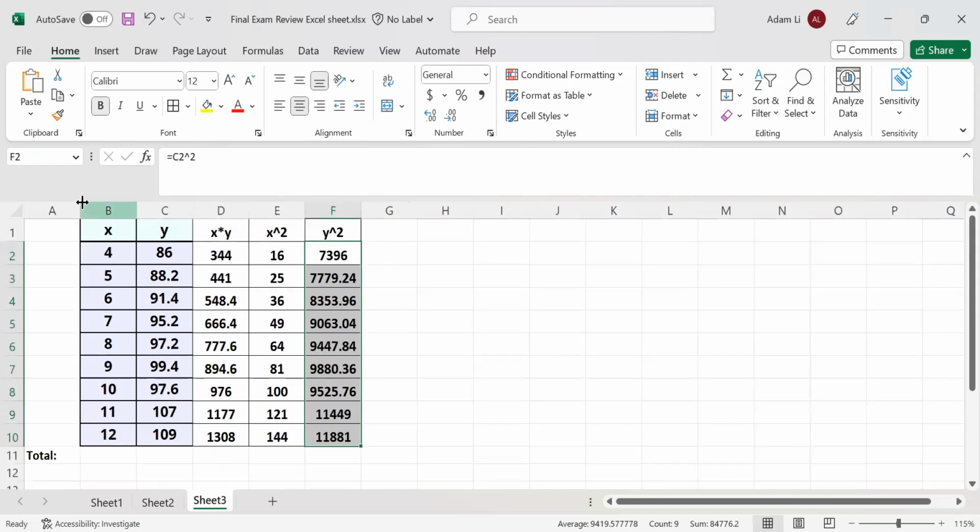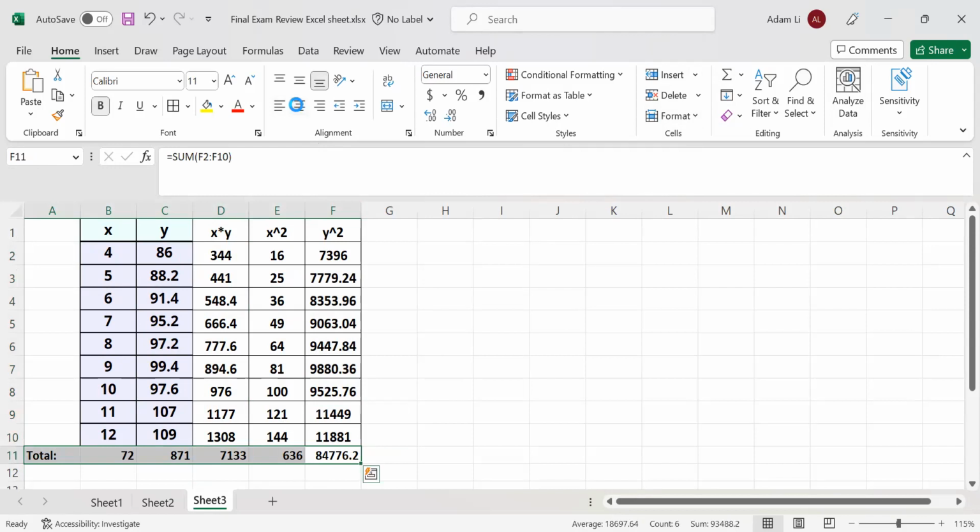Now, one more time, we're going to get the totals. For x, highlight the entire data set, excluding the title, and click on the auto sum here. Get the total. Same thing for y: highlight the numbers, auto sum the total. Highlight all the products, auto sum. Highlight all the x squares, auto sum. Highlight all the y squares and get that. So you get all the totals here.